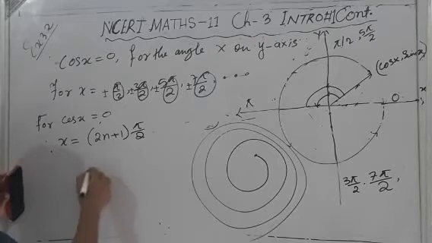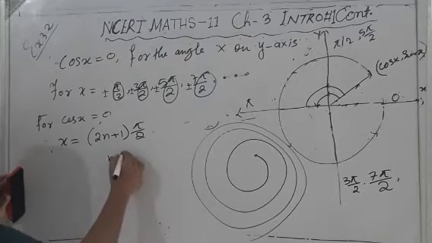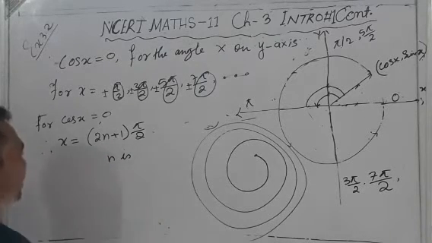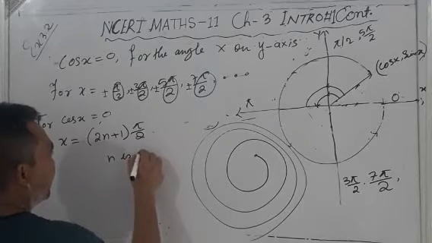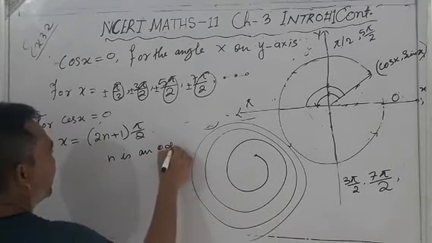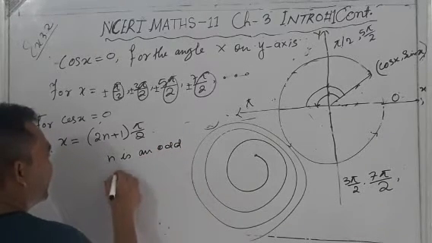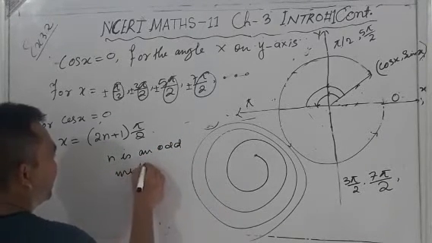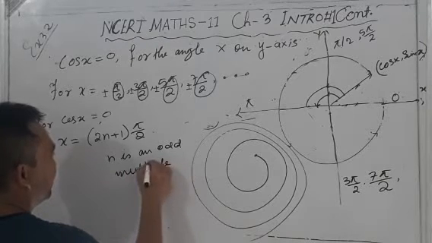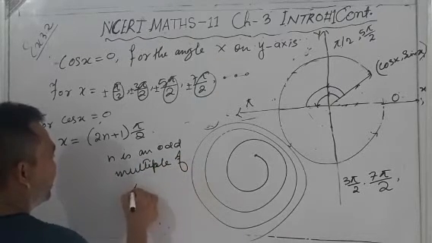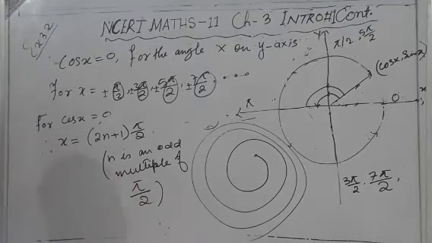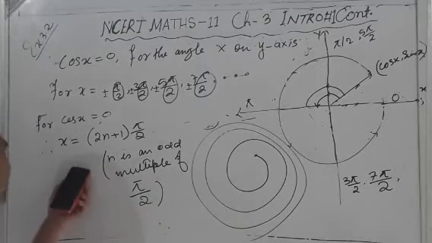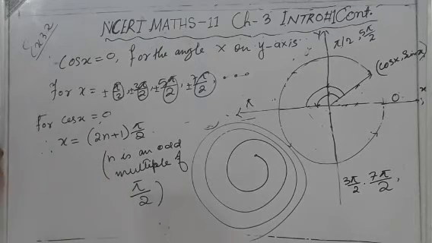Okay? It is an odd multiple of pi by 2. So this is for cos x equal to 0.